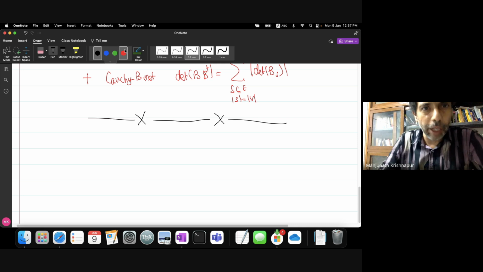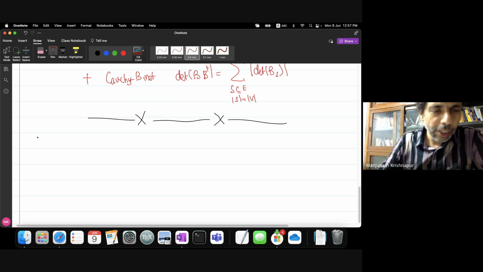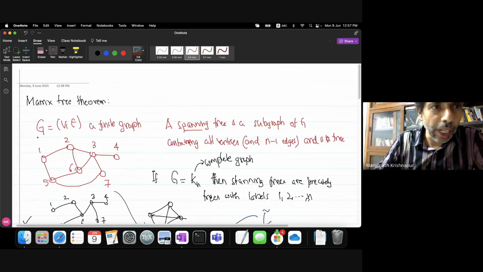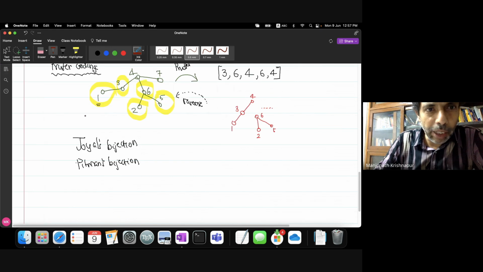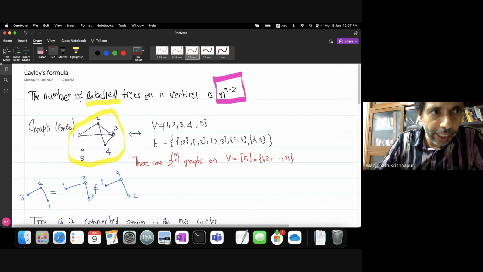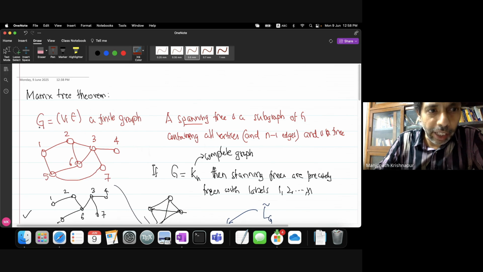But there is a completely different looking approach, which is how do I pick one of these at random? That is an important thing in probability. There is a finite set, namely the set of all spanning trees of a given graph.